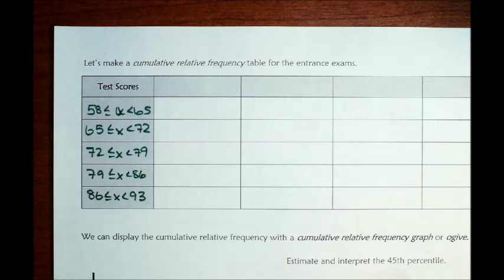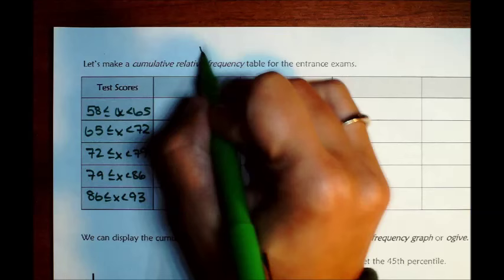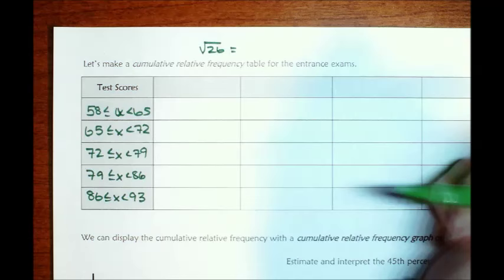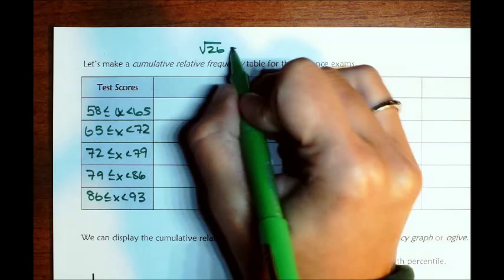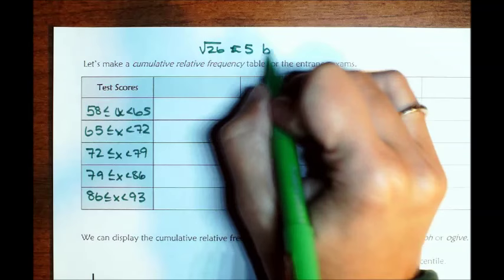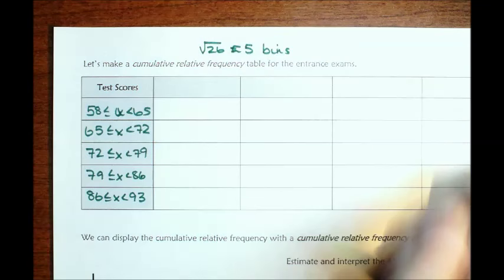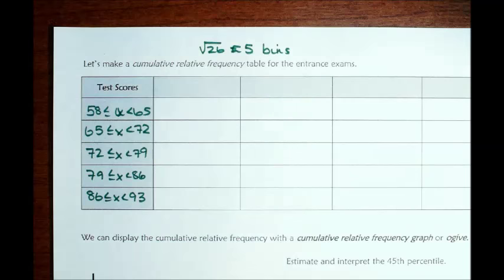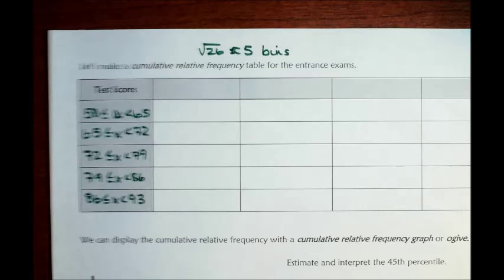The way I figured this out is because there were approximately 26 data points, which is approximately 5. So that's how I got 5 bins. Then I took the highest score and the lowest score, subtracted them, and divided by 5, which gave me intervals that were approximately 7.